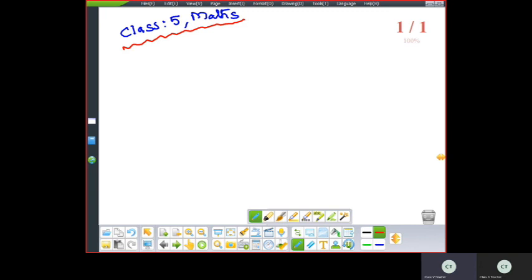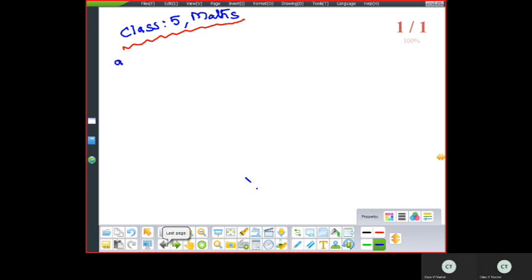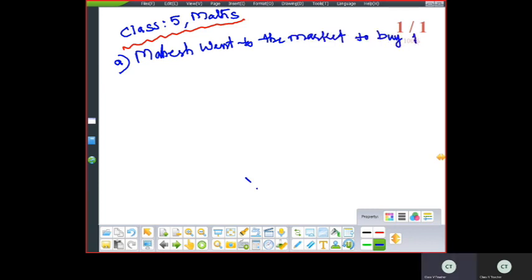So firstly, let me take an example. Okay, so the next example is, I'll go through the word problem, children. I'll write it on the board. Mahesh went to the market to buy the goods for his home.